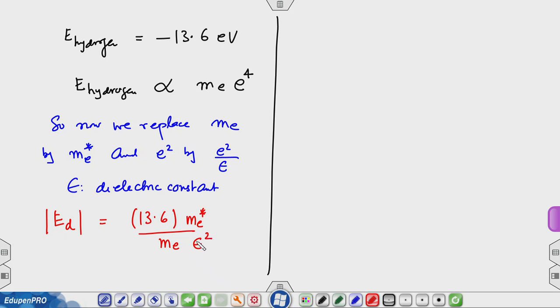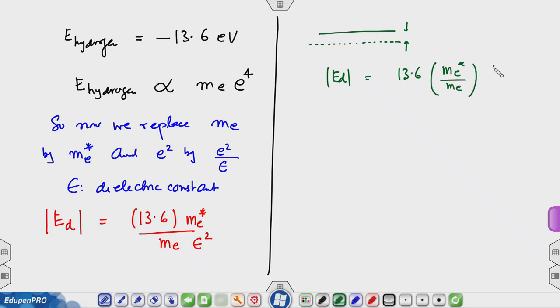That is going to be the donor energy. So, I can write that compared to E c, the energy is lowered by this much magnitude, which is mod E d equals 13.6 times m e star by m e times 1 over epsilon square.